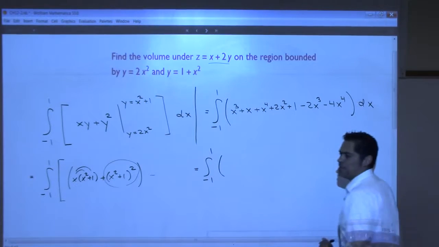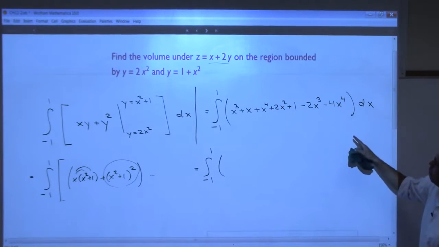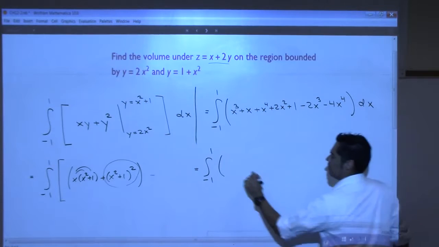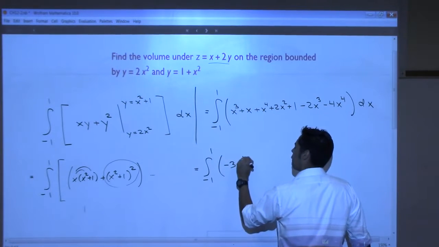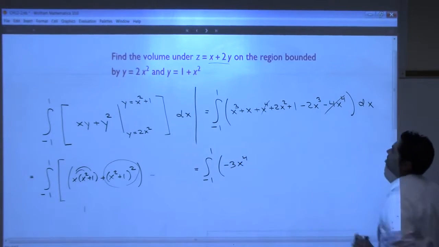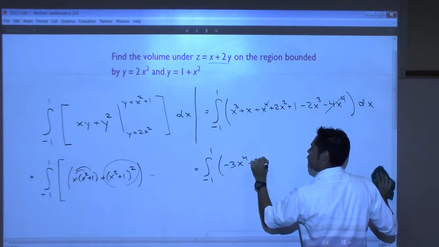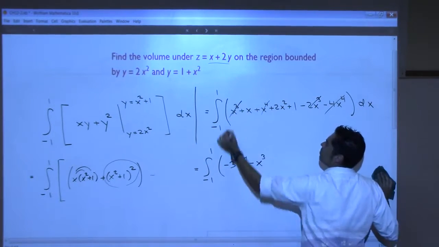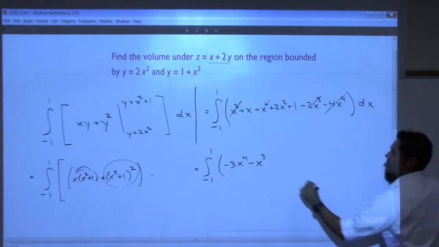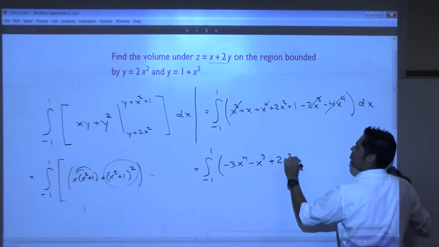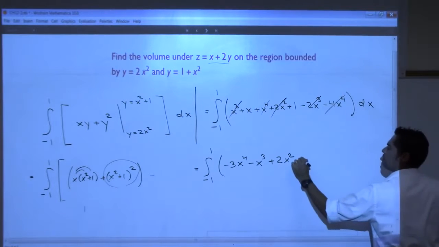All right, let's put them in descending order. x to the fourth, we have -3 x to the fourth. Took care of those. x cubed, -1, so -x cubed. Got those. x squared, only one of them, right? And plus x plus 1.